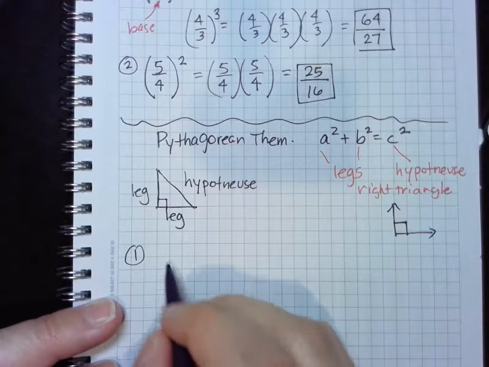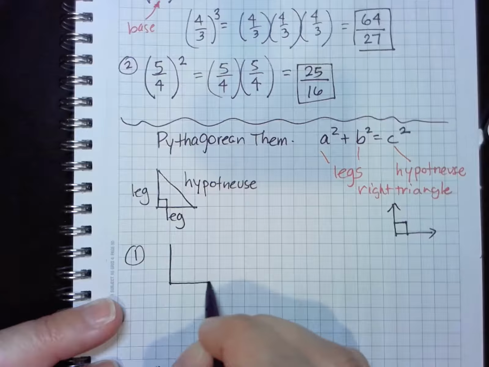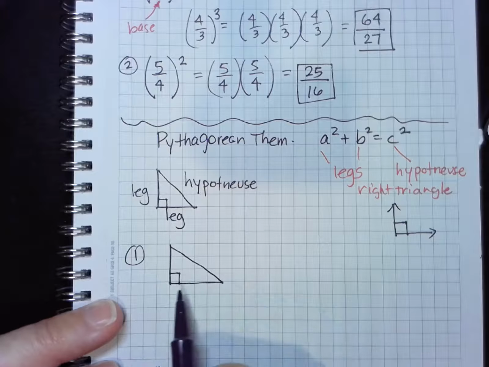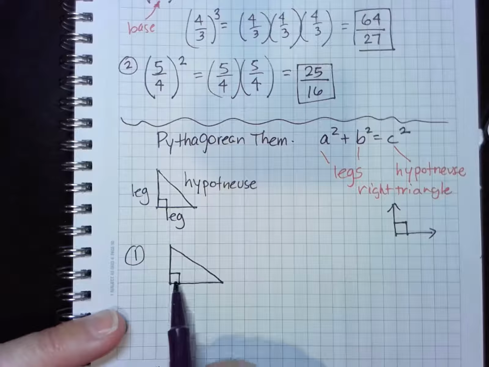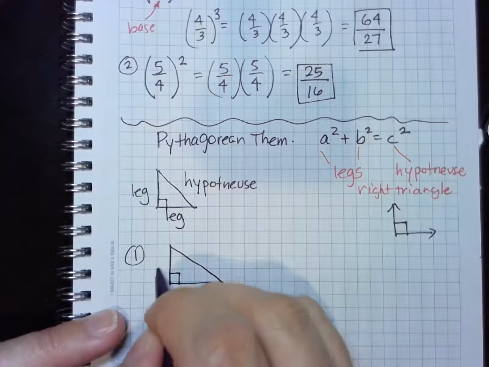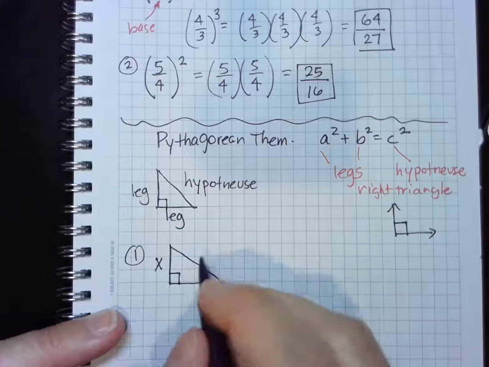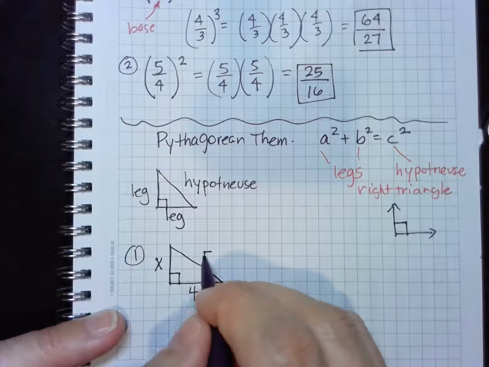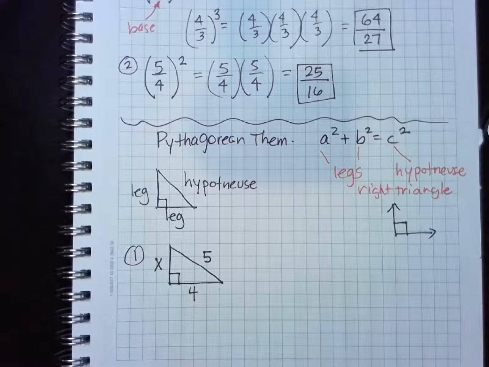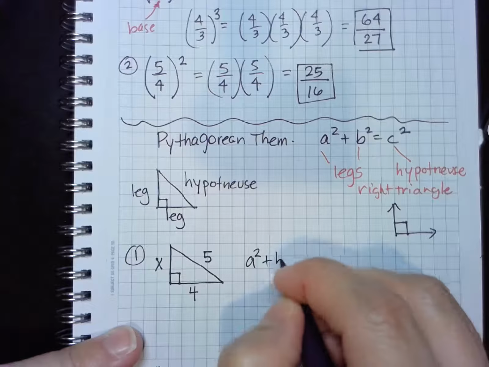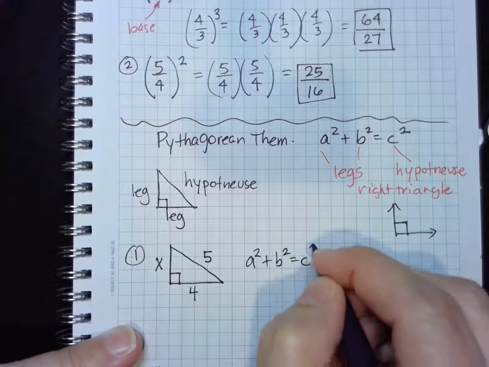Okay, so our first example, I'm going to have a triangle, and I know it's a right triangle, okay, because of the right angle, and I don't know this side, but I know this leg and the hypotenuse. Okay, so if I'm going to use the Pythagorean theorem, I know a squared plus b squared equals c squared.